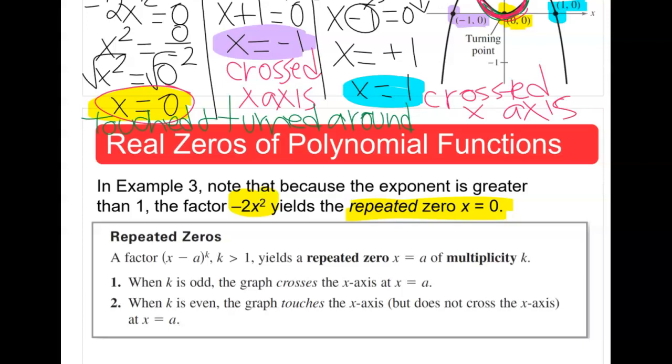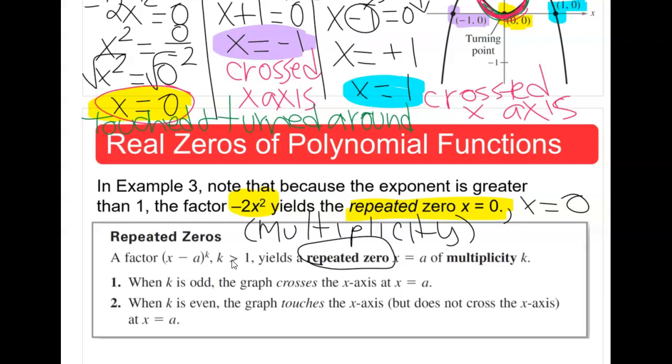So because we had that x equals 0, we could say it twice. That's what caused our graph to bounce. We also refer to this as the multiplicity of the factors or the zeros. And so if that multiplicity is an odd number, then the graph is just going to cross the x-axis.